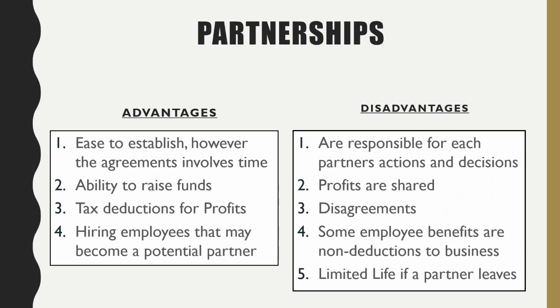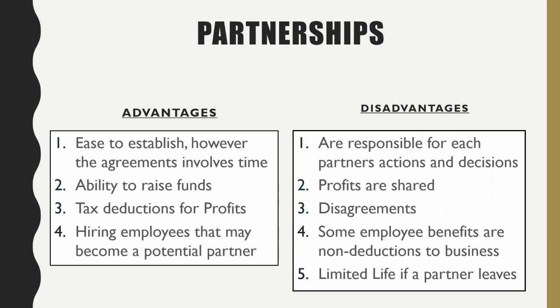Okay. But disadvantages to partnerships is, again, they're responsible for each other's actions, okay, and also decisions, right? Meaning, if a partner makes a bad decision, the other partner has to take the fall too, because you guys are supposed to be a collective, both on the same page.